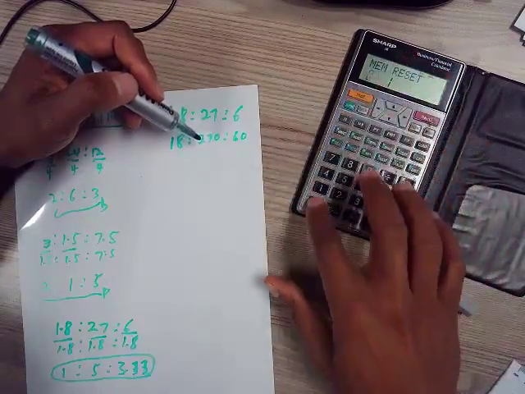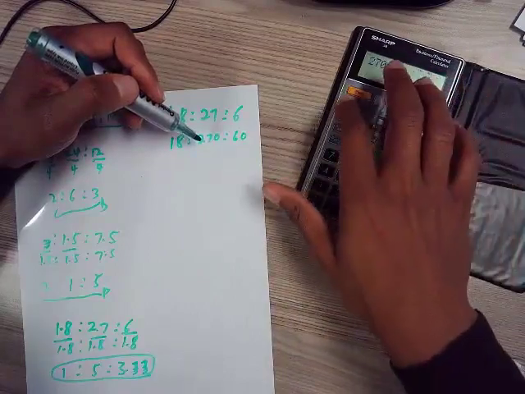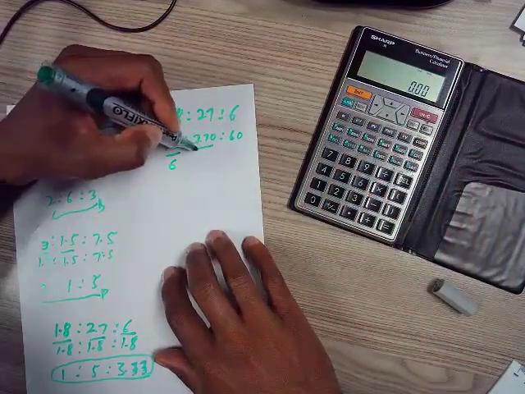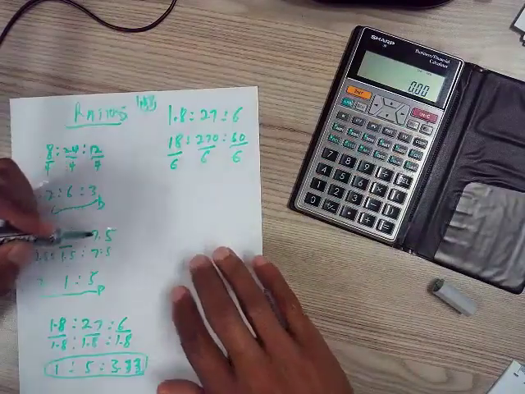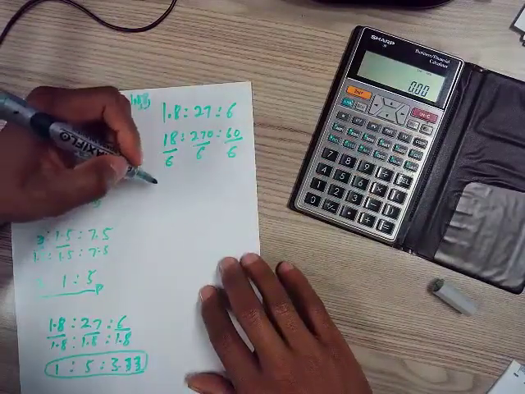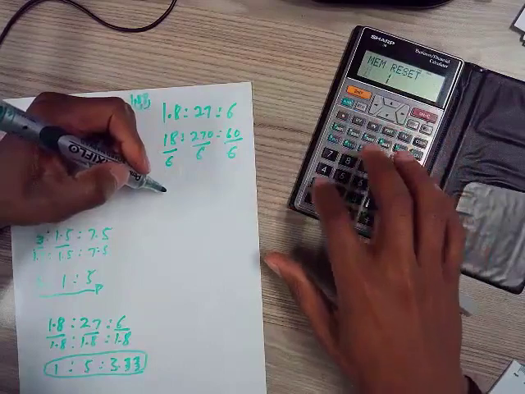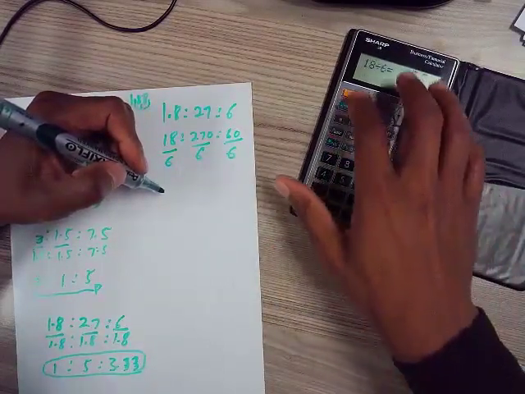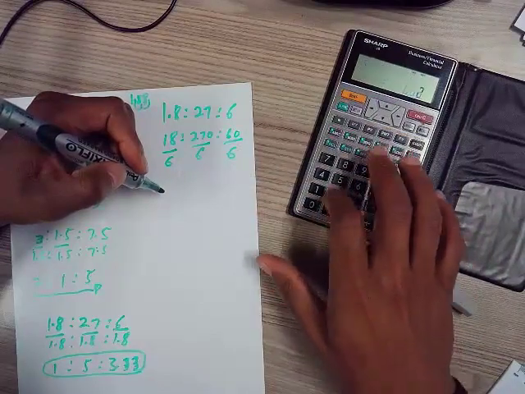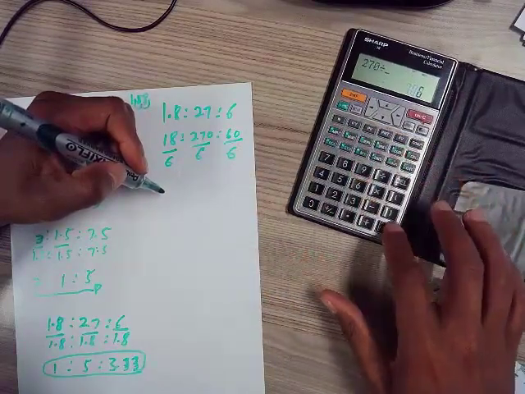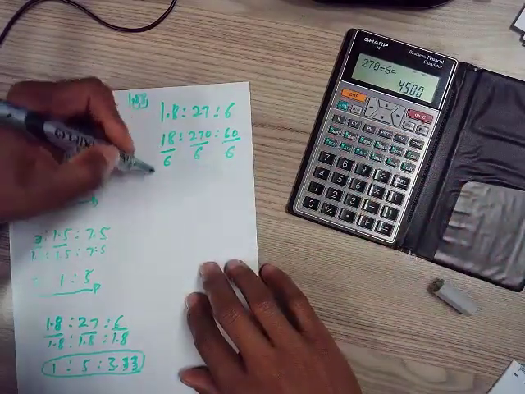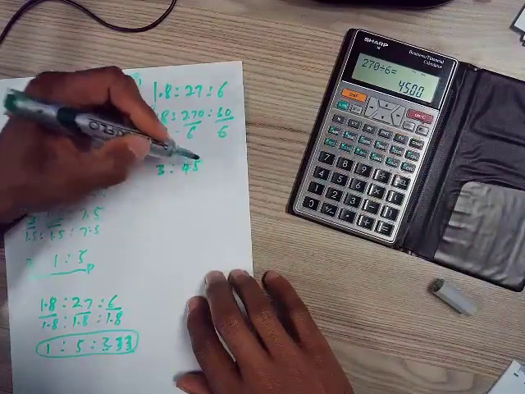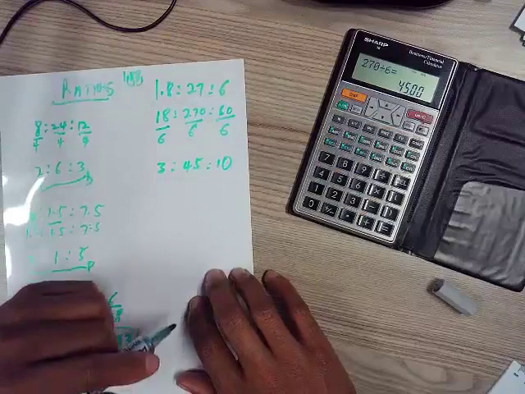Yes, 6 will work. So basically your approach of simplifying should be 6, 6, 6. 18 divided by 6 is 3, 270 divided by 6 is 45, and 60 divided by 6 is 10. So it is 3 is to 45 is to 10.